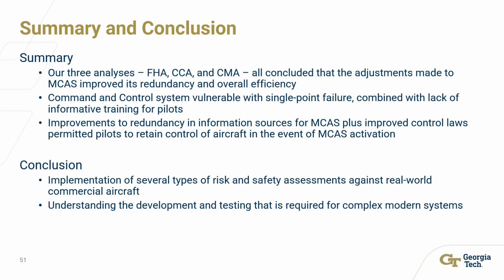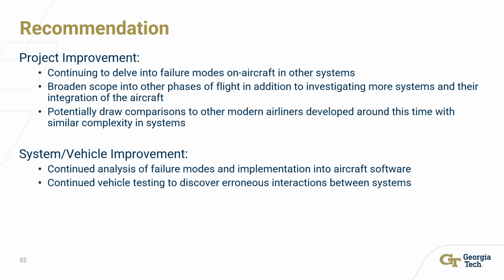This project allowed us to implement several types of safety and risk assessments against a real-world commercial airliner and provided understanding for the significant amount of development and testing required for complex modern systems. Additional recommendations for this project include continuing to explore other potential failure modes on the 737 MAX for other systems.